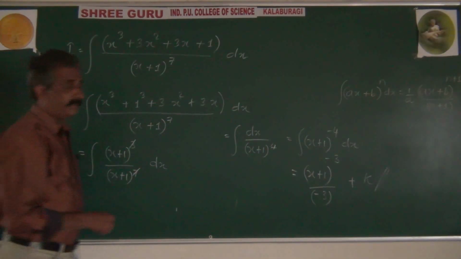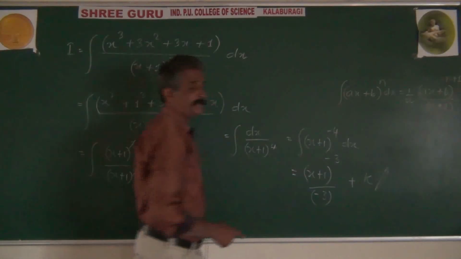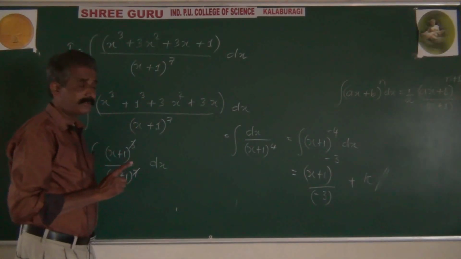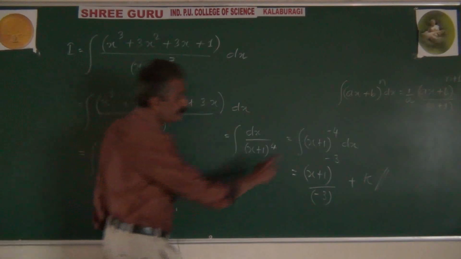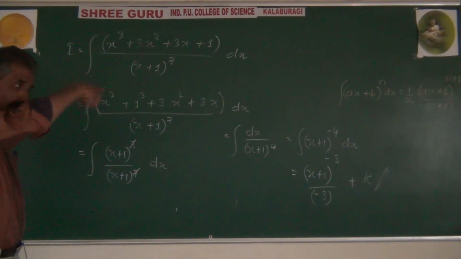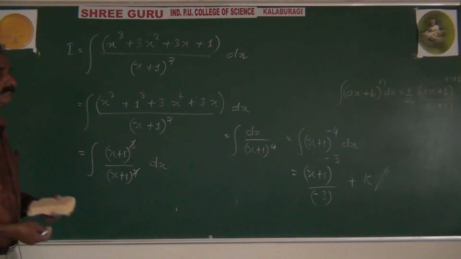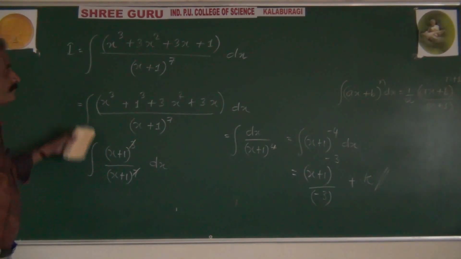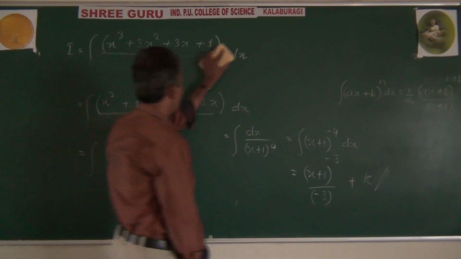But caution, if there is a coefficient of x, you must divide by it. Suppose it is 7x plus 1, you need to divide the result of integration by 7. Next problem.